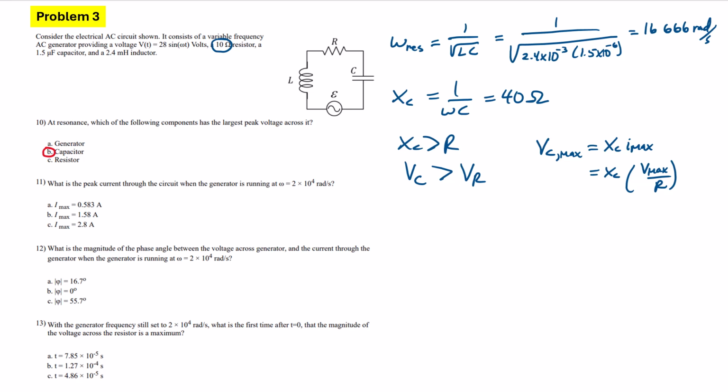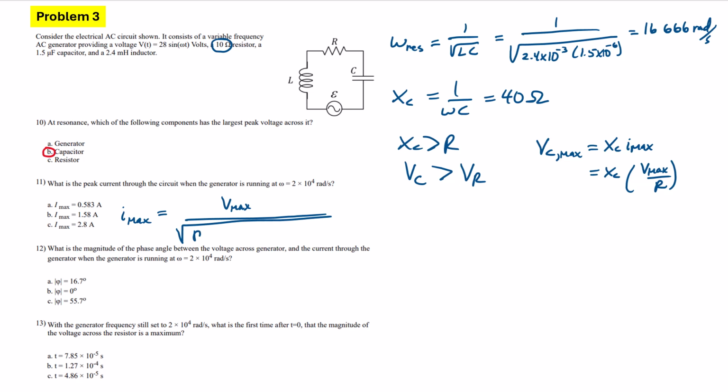All right, next question says, what is the peak current through the circuit when the generator is running at this different frequency right here? So for a series RLC circuit, the maximum current you're going to get is going to be Vmax divided by the total impedance. Now you could just go ahead and calculate what this total impedance is, or we could just substitute in all our values.